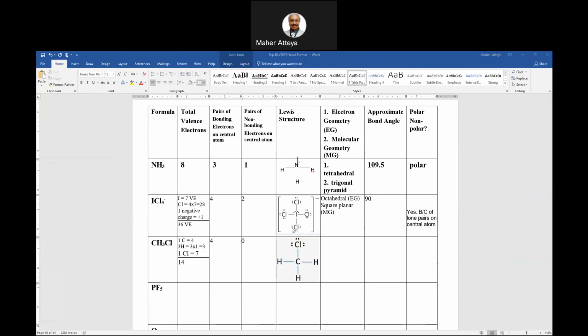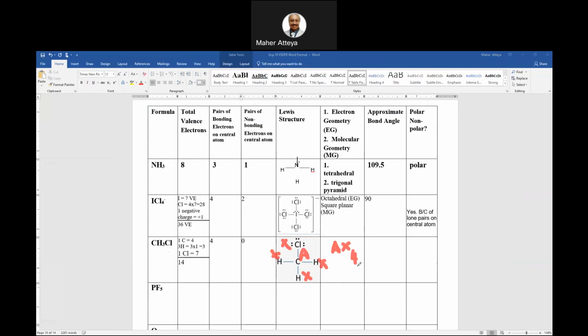So those are 4 regions, correct? If this is A, the central atom is A, and these are X, this is AX4.